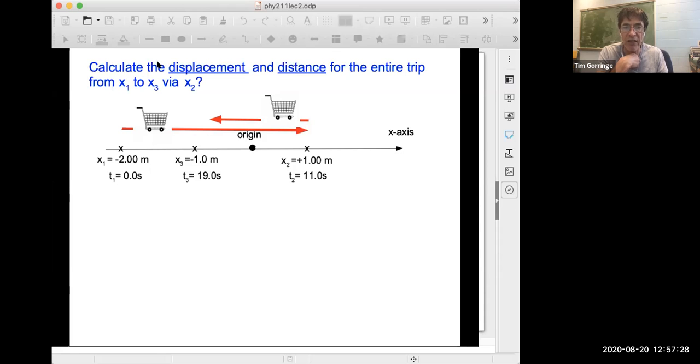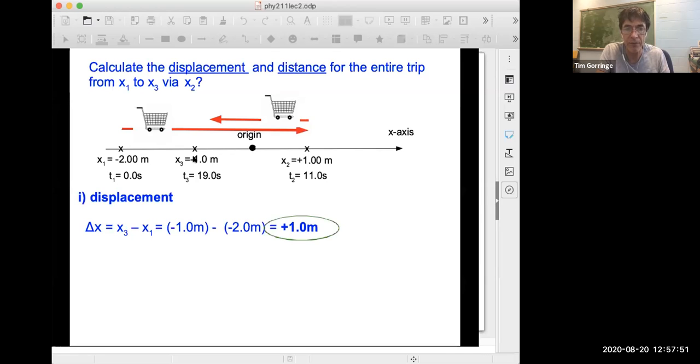And the question says, find the displacement and the distance for the entire trip. The entire trip is, according to these red arrows here, cross to the right and then back towards the left. So this is a question really about the distance and the displacement to get from this initial position to this final position here. So let's do those calculations.